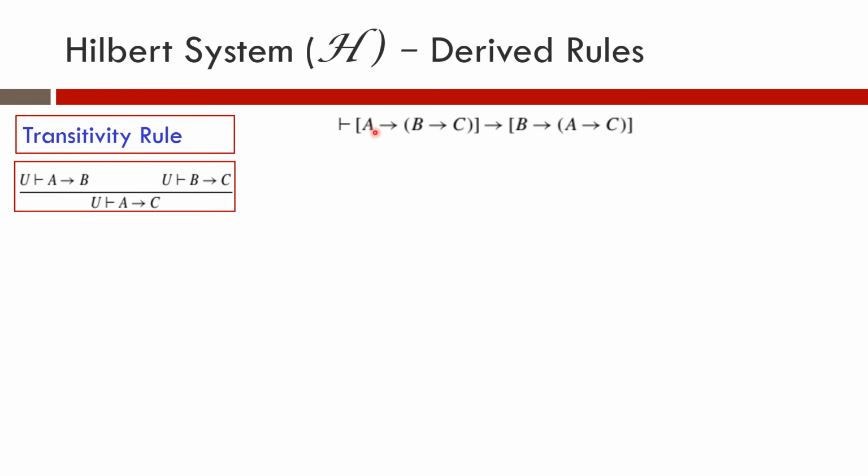The first formula on the left side is A implies B implies C. So we will consider A implies B implies C as one formula in the set of assumptions, B another formula, and A another formula. So to start with, the set of assumptions will be A implies B implies C, comma B, comma A.